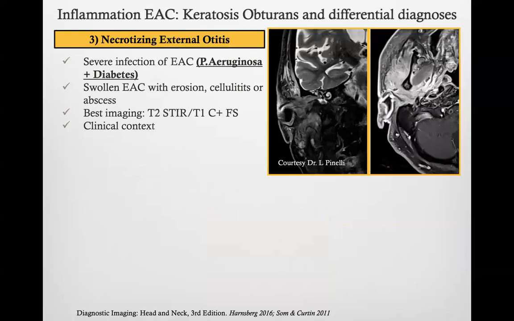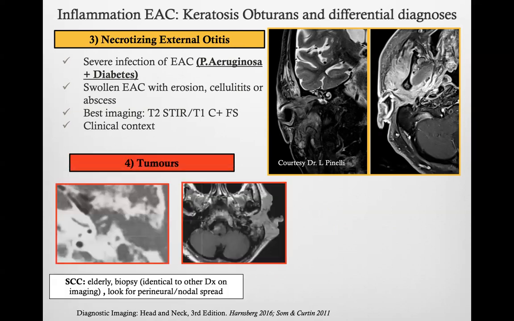Necrotizing external otitis is very rare in children, unless they are immunodepressed, and you have a swollen external auditory canal with erosion, cellulitis. Best imaging is on MRI. Remember, again, do your protocol right and think of the clinical context. Tumors.